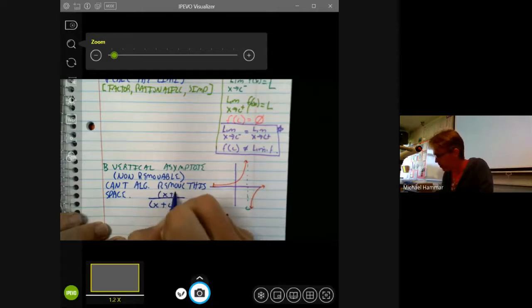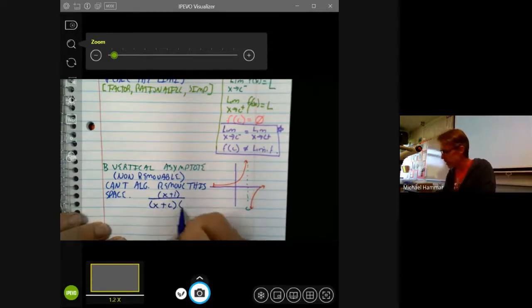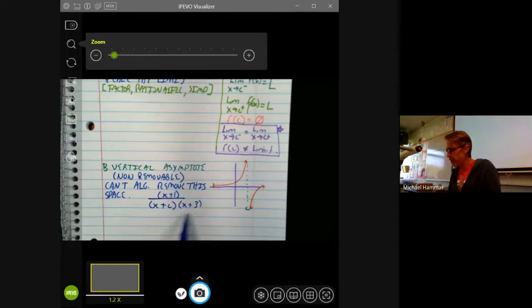So if we have something like this, x plus 3, anything that's still left in the numerator or in the denominator after you cancel stuff out, those would be your asymptotes. That's where they're located. You can't take those away. They are not removable. Okay?